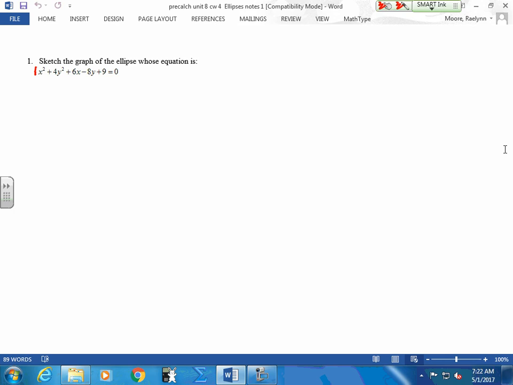So a plus gives us a circle or an ellipse, but the fact that my coefficients are different will give us an ellipse. We don't have to see it right away. We just have to realize that it's not a parabola. It could be a circle right now, or it could be an ellipse, because I have a plus in between. And they're both on the same side. If they're on separate sides, don't forget, we're going to move one over.